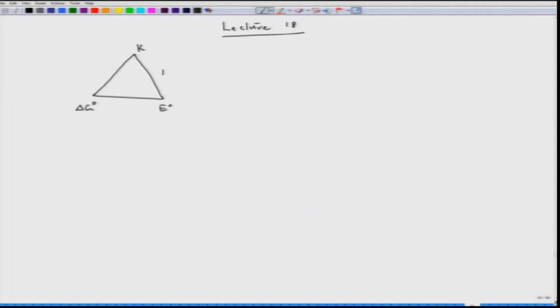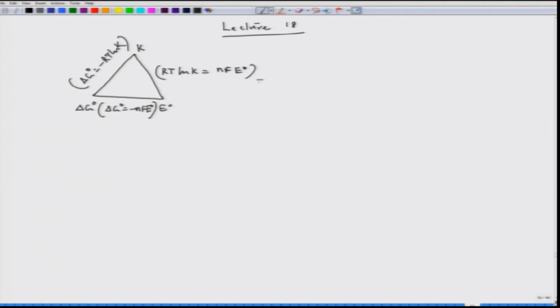The relations between them are: ln K equal to NF E0 over RT, delta G0 equal to minus RT ln K, and delta G0 equal to minus NF E0. So, these are the relations between them.